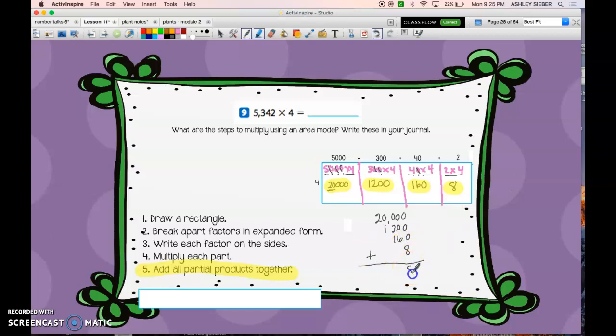Add them all up, and I get 21,368. Remember, you can pause this video if you need more time to get your example or any of your steps written down in your journal.